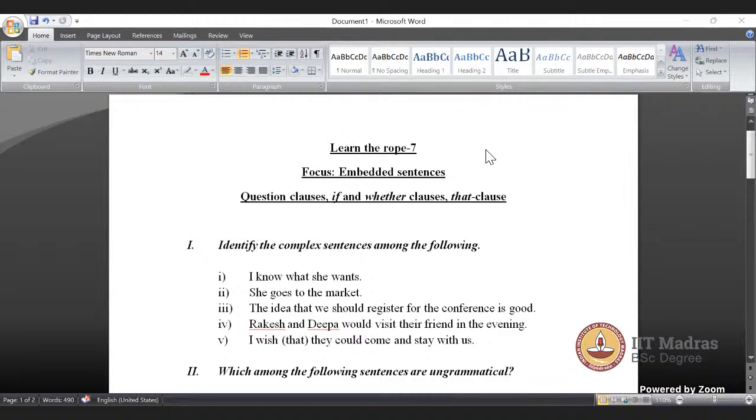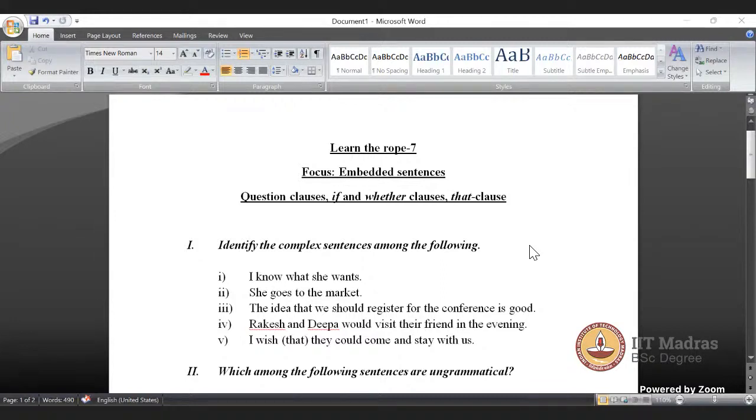What she wants would be the object of the verb know, right? I think we discussed this already while discussing subordinate clauses, in the first sessions we had for English in November. I distinctly remember telling this to you. If you have forgotten, just brush up your conceptual knowledge. Here, what she wants is the object of the verb know.